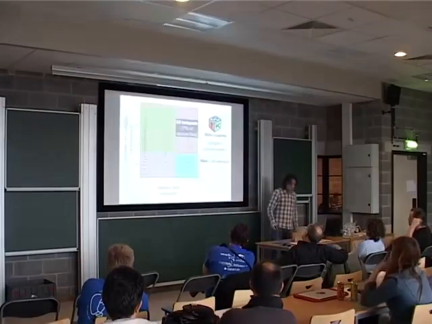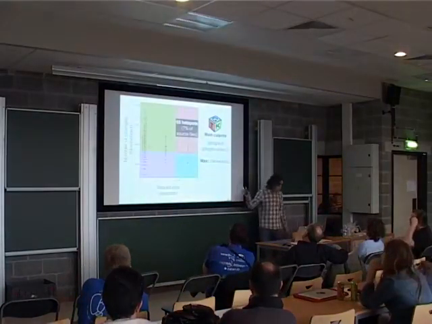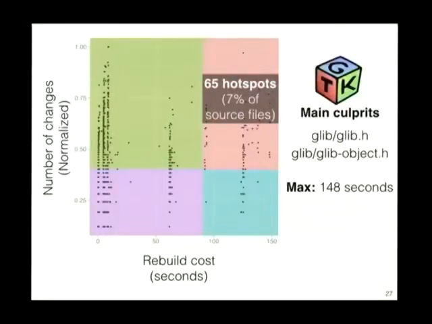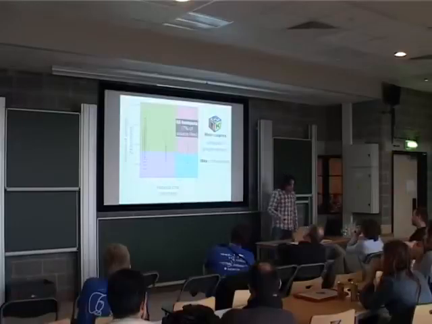So some of the things that we found using quadrant plots for the three open source systems that we had been exploring. About 7% of glib's code base was identified as a hotspot using those thresholds. So about 65 glib files.